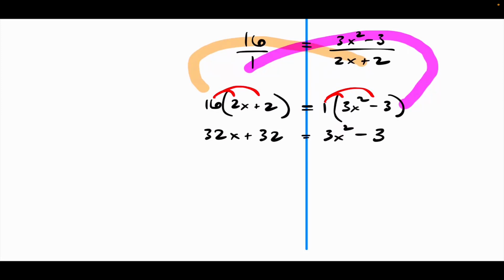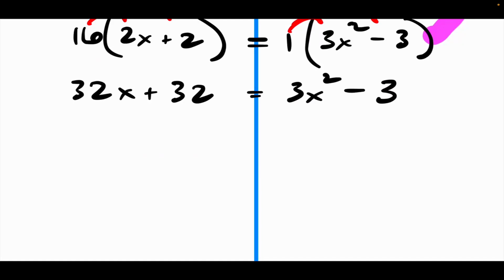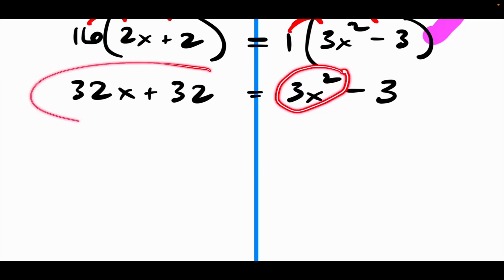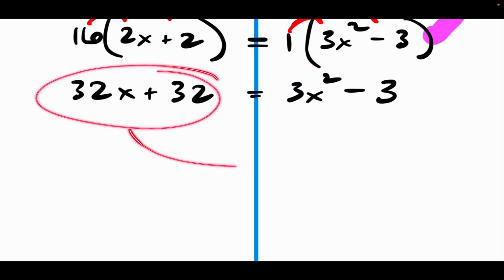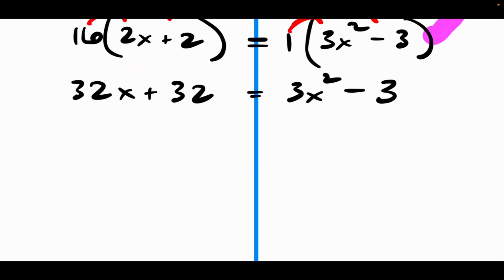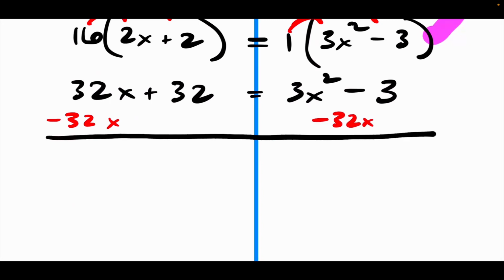Okay? Well, this guy is going to be A, right? So I'm going to keep that positive. So what I'm going to do is I'm going to get these guys over here. So to do that, I got to do the opposite. So subtract 32x from both sides. I can't subtract it from either of these guys because it's an x, not an x squared or just a regular number.